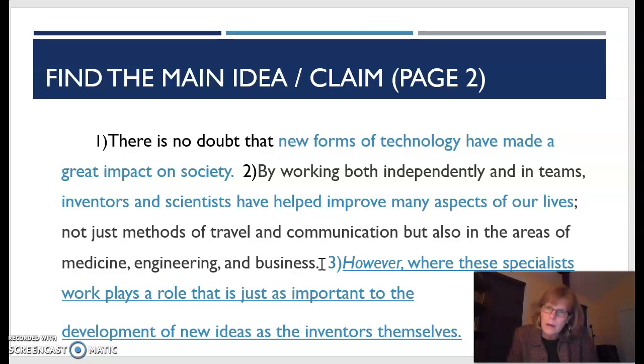However, where these specialists work plays a role that is just as important to the development of new ideas as the inventors themselves.